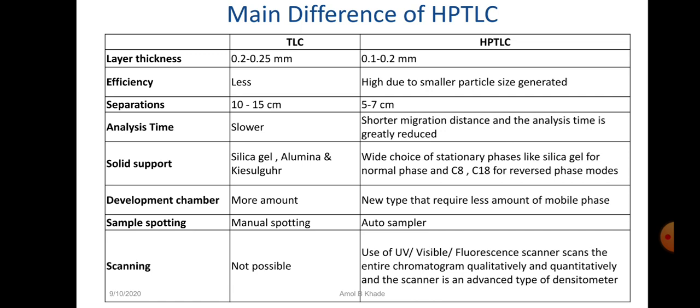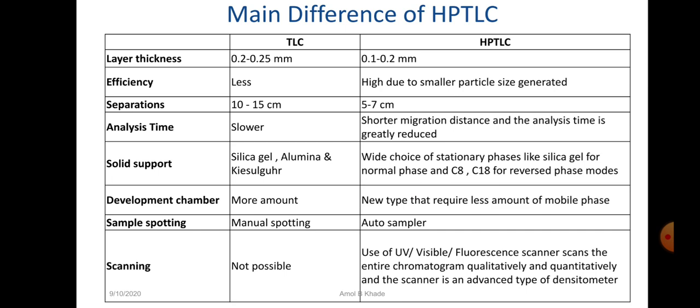So the reverse phase chromatographic experiment is much easier to perform in HPTLC. When we talk about the developing chamber, because of the larger plate dimensions and greater thickness, TLC requires more mobile phase or solvent system, and the chamber size is also greater, whereas in HPTLC the solvent consumption is small and the dimension of the chromatographic chamber can also be minimized.